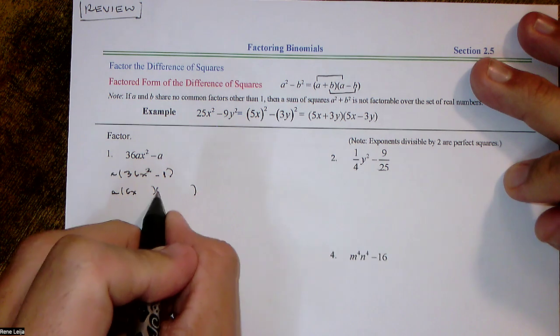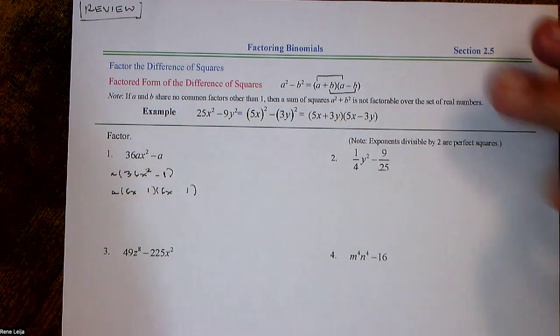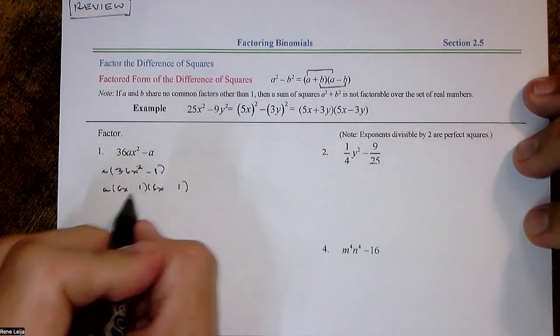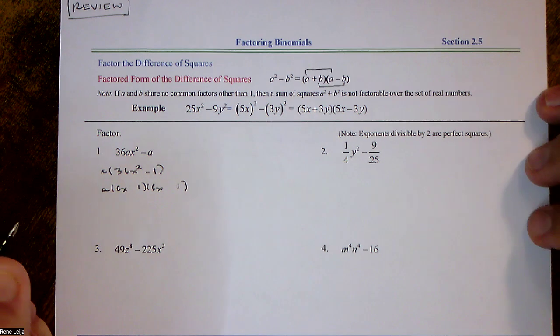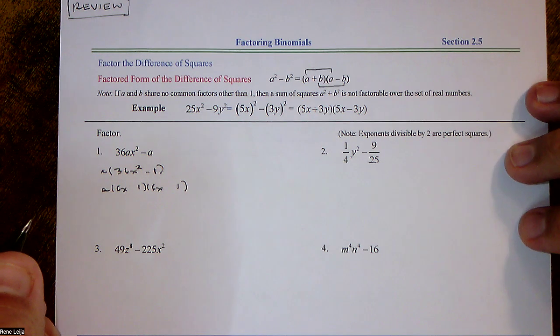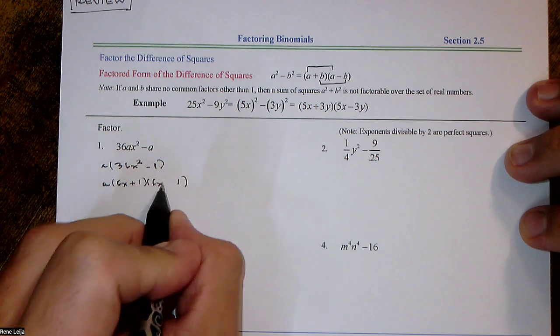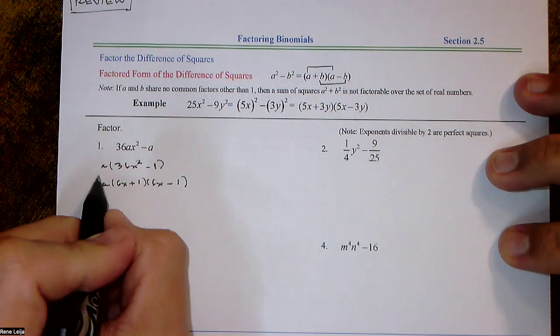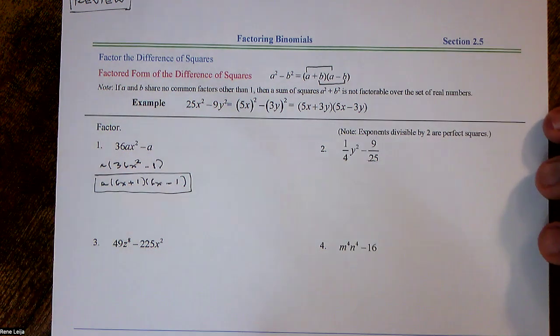And that would have to be a 6x and a 6x. What times what gets you 1? That's a 1. Now remember, this is going to come from conjugates. So now the way that I explain this is a difference of squares. Difference means that when you factor this, your binomials are going to have different signs. One's plus, one's minus. Okay?